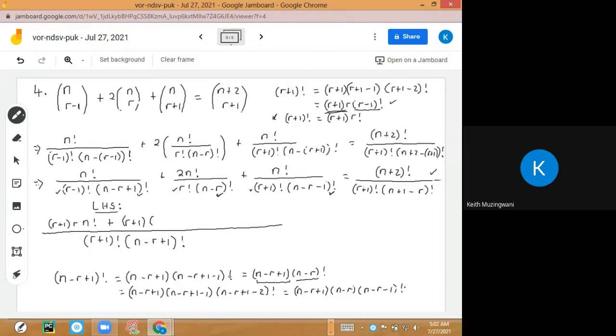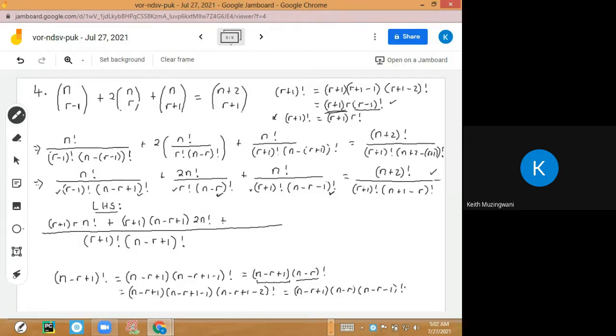So we remain with n minus r plus 1 and then 2n factorial, plus the other one, r plus 1, is taken care of, which is just itself there.